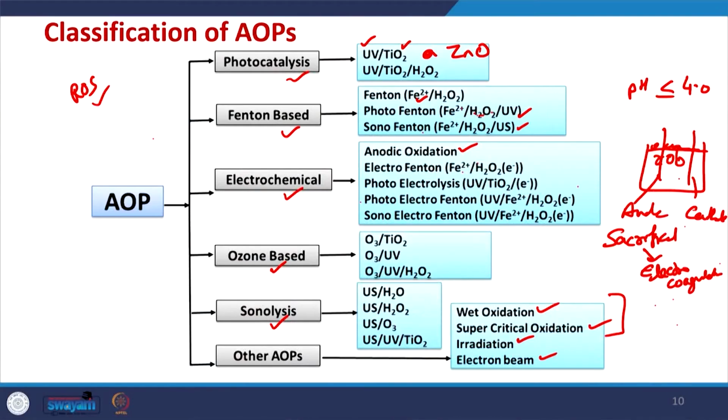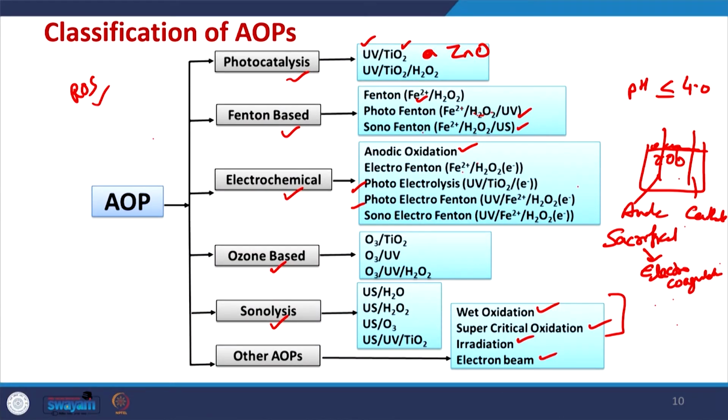So, there are different types of electrochemical techniques which are possible, like electro-photon, photoelectrolysis, photoelectro-photon, sonoelectro-photon. We will discuss these hybrid electrochemical techniques, which have a lot of potential for use, in particular for treatment of wastewater generated from industries which have peculiar characteristics.